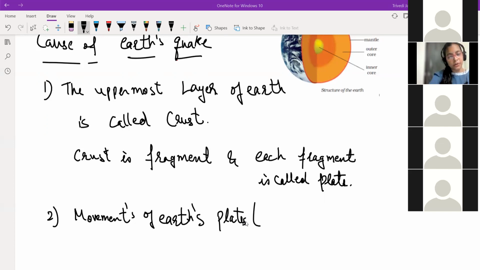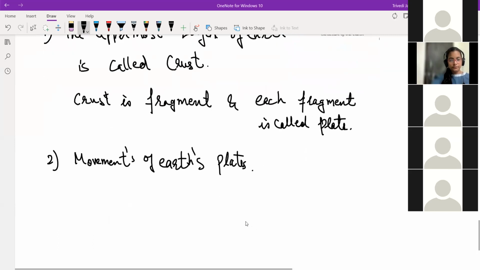Sir, how can pollution affect? Not pollution, collision. Collision, oh, colliding. Got it. Yeah, coming across each other. So movement of Earth's plate, it may cause... Now let's write something more.